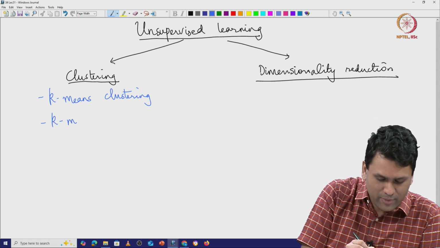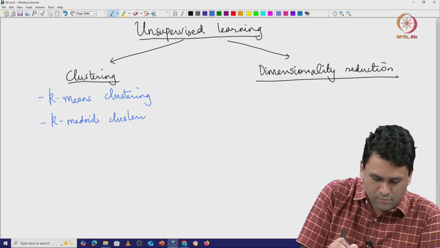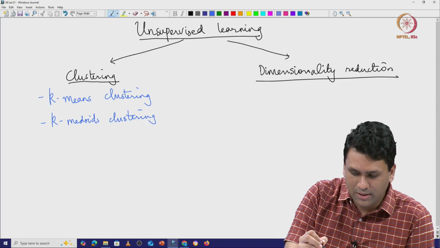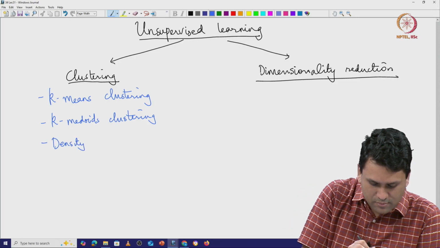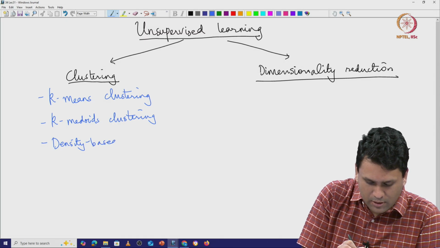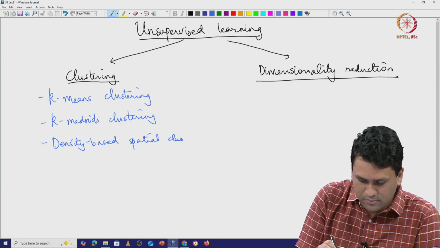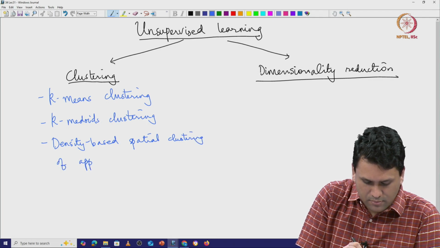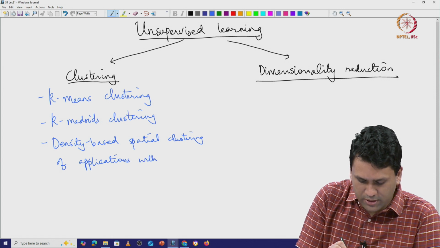So we looked at k-medoids clustering. And finally we looked at DBSCAN, which is density based spatial clustering of applications with noise.